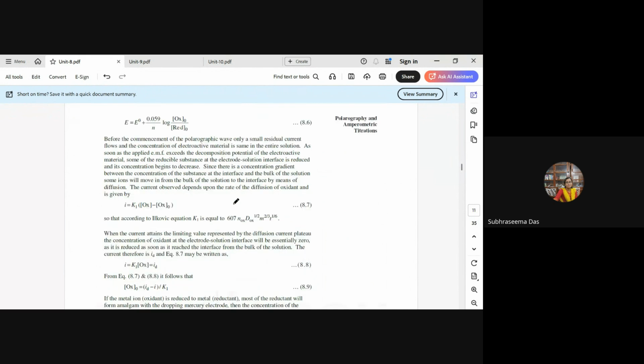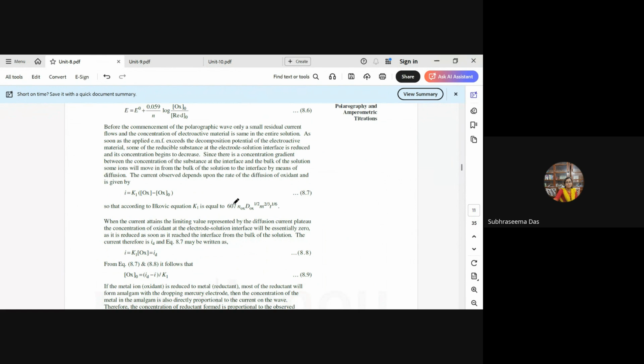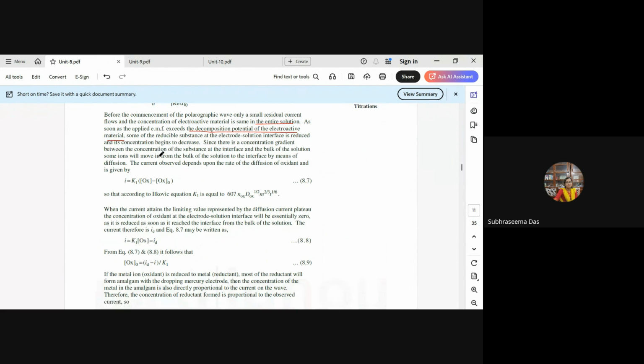Now before the commencement of the polarographic process, only a small residual current flows and the concentration of the electroactive material is the same in the entire solution. As soon as the applied EMF exceeds the decomposition potential of the electroactive material, some of the reducible substance at the electrode solution interface is reduced and its concentration begins to decrease.